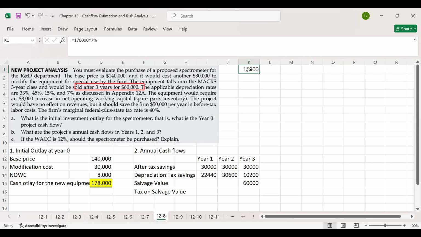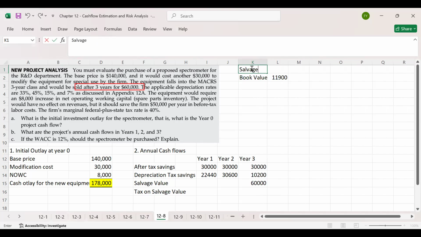So the difference between the salvage value and the book value. Here you can see this is the book value and the salvage value. Salvage value is 60,000.